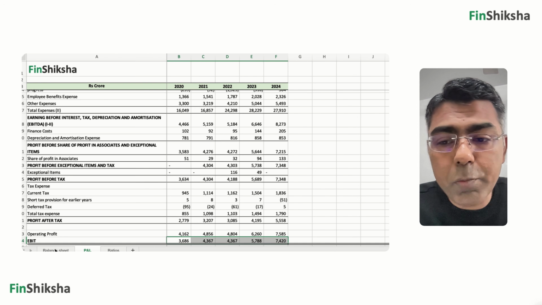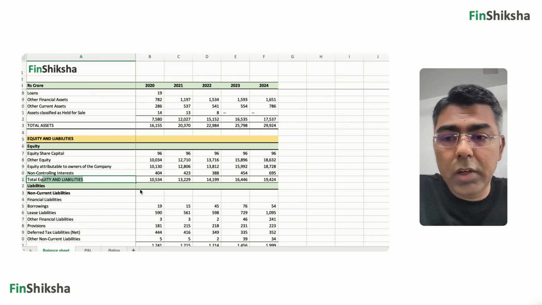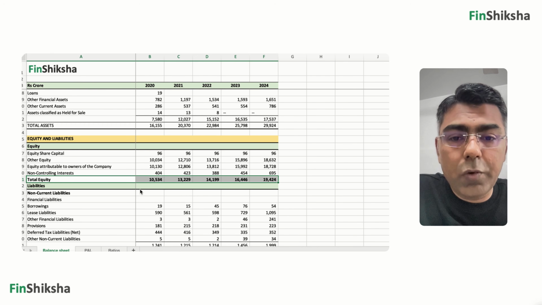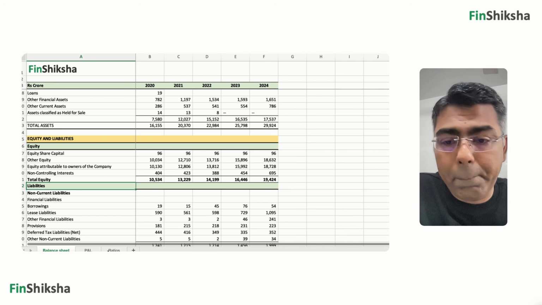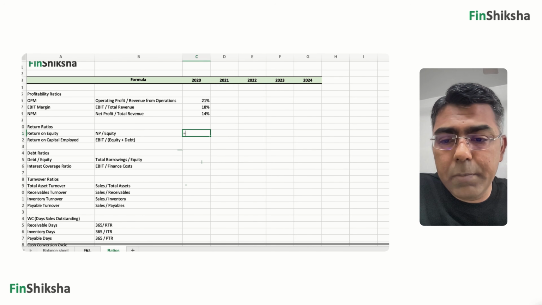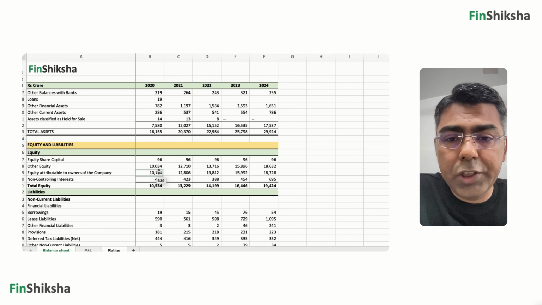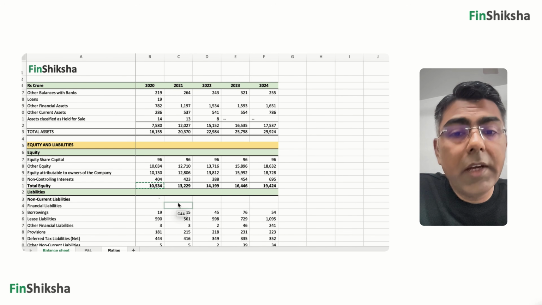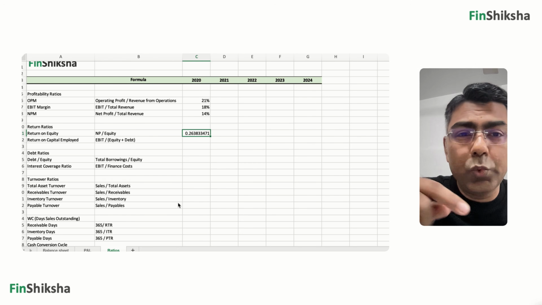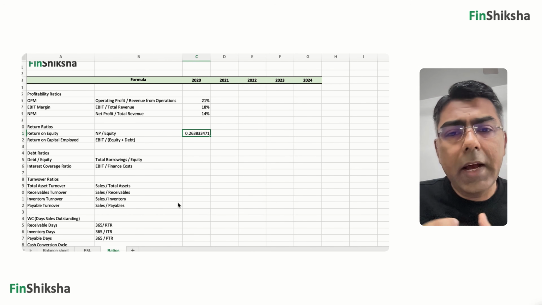So because we have not removed minority interest, I'm going to take this as the total equity number. And this is what we are going to use in our ratios, right? So very quickly, this is P&L, profit after tax, divided by balance sheet total equity. Achha, here you can use averages as well. So that's absolutely fine. I'm just keeping it simple, but you can use average equity.